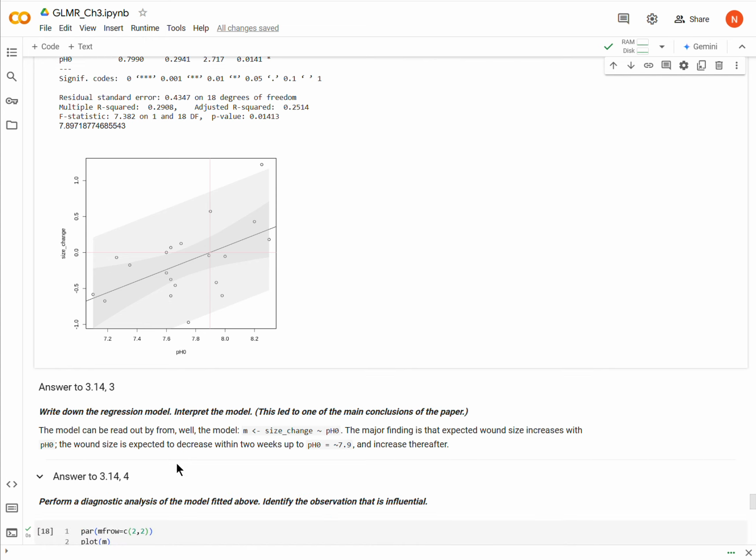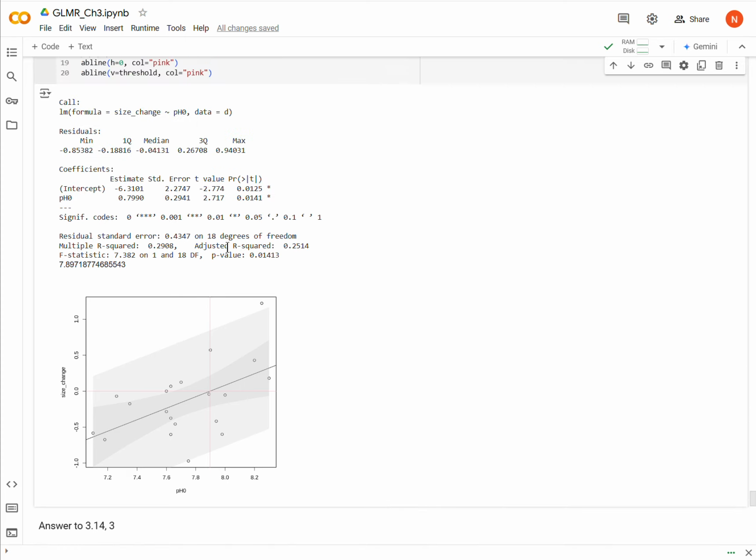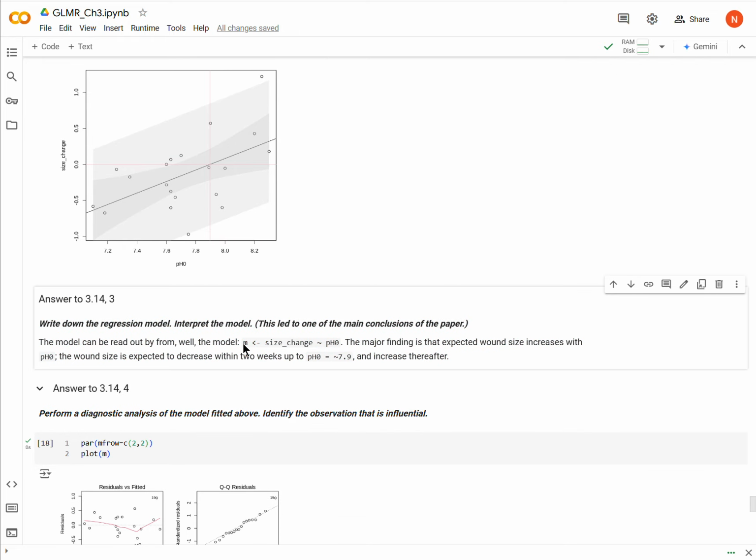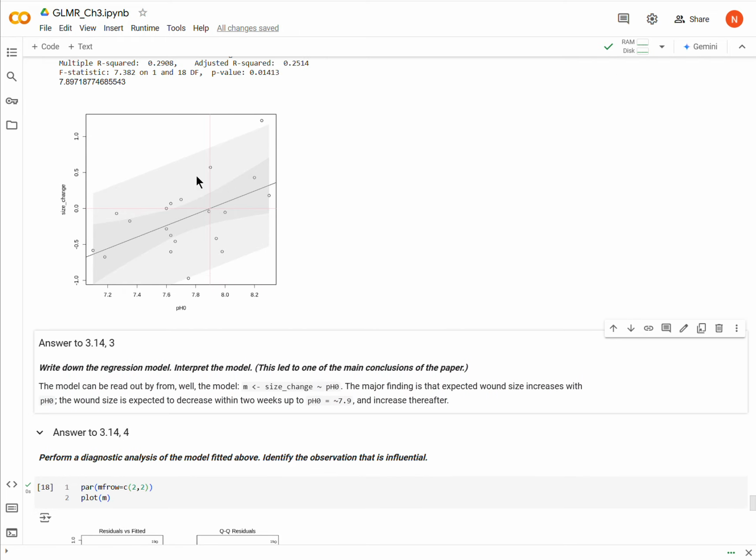In the next question, we're asked to write down the regression model and interpret the model. I don't know that we need to write down the model; it can just be read off of the code, and that's basically what I've put here. So what is the major finding? I guess the major finding is more or less that wound size, or change in wound size, tends to change with the initial pH.